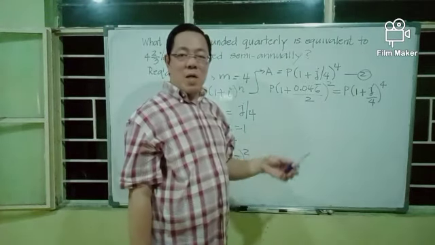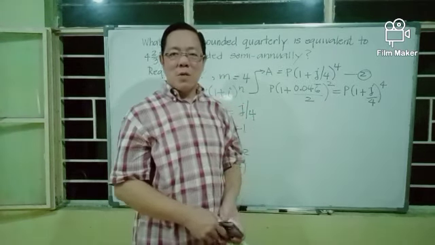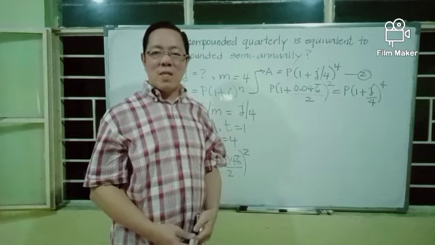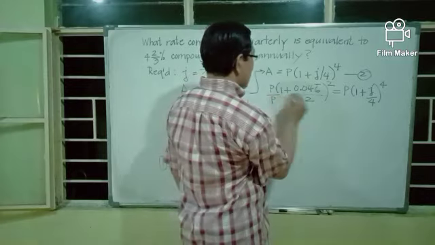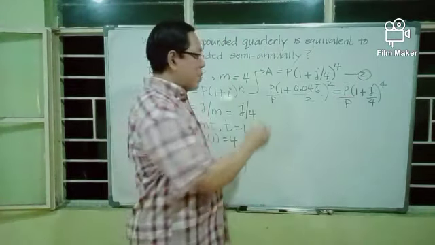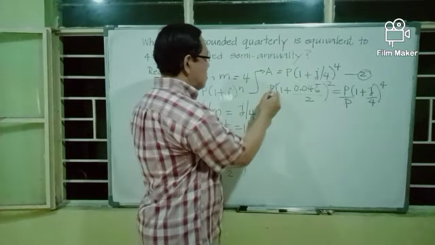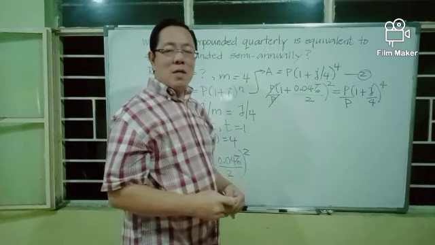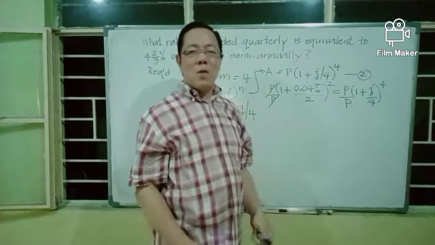And the first step is to eliminate P. You can see that both sides of the equation have P. So we divide both sides of the equation by P. And P over P from the left hand side is 1, so we simply cancel out P. Similarly, at the right hand side, we have P over P, which is 1, so we simply cancel out P at the right hand side of the equation.